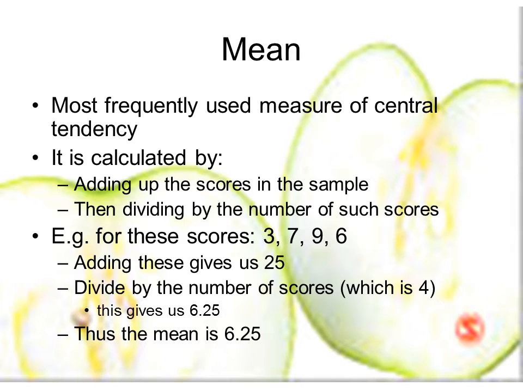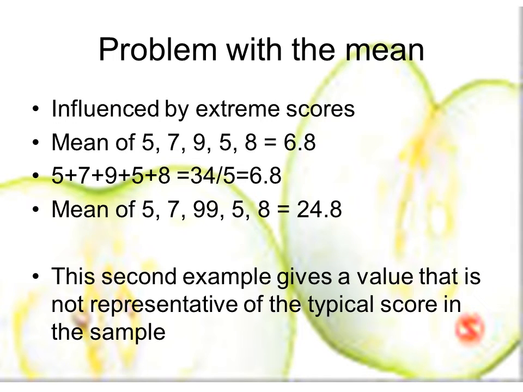This gives us 6.25, which would be the mean, once again an average of the 4 sets totaled, divided by the number of sets that we actually have.